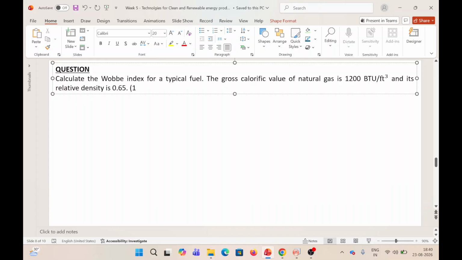One more important info: 1 BTU per feet cube is equal to 0.037 megajoule per meter cube. So with this data, you need to calculate the UV index for a typical fuel. Can you calculate and let me know the answer? I hope you know the formula.